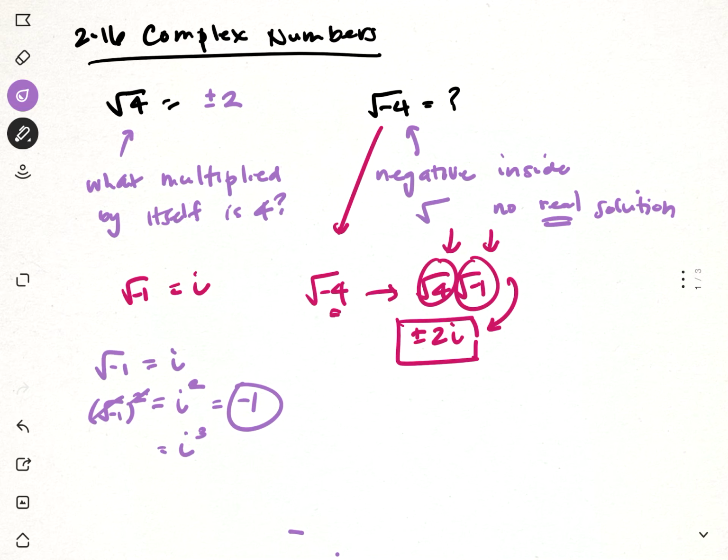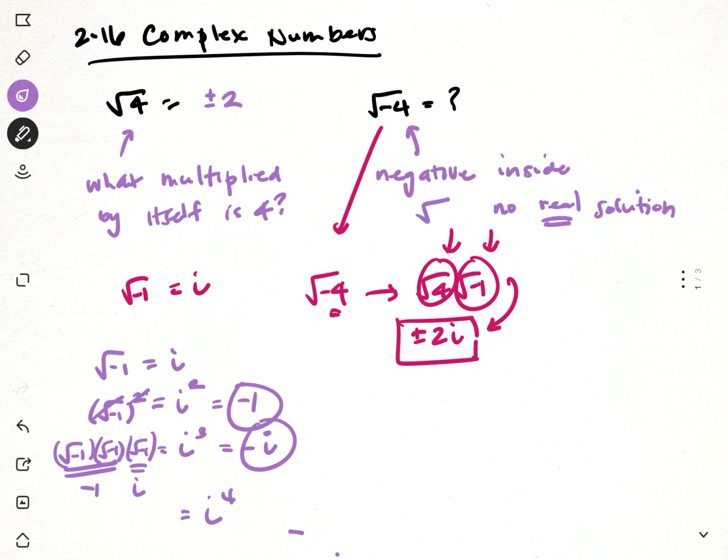Okay, then we have i to the third. What if we write this all the way out? Square root of negative 1, square root of negative 1, square root of negative 1. This is i squared again, so that first part is going to be negative 1, and then this is i. So that's just going to be negative i. Negative 1 times i is negative i.